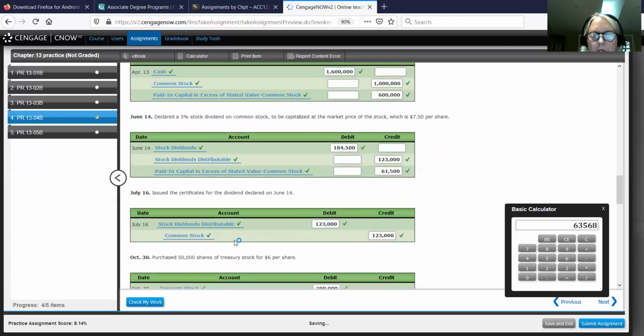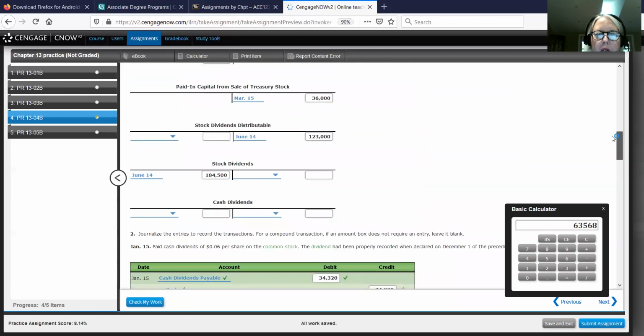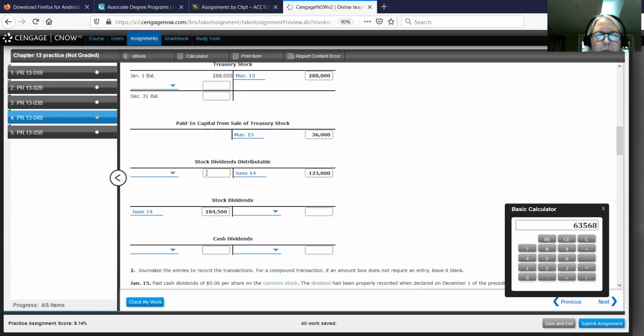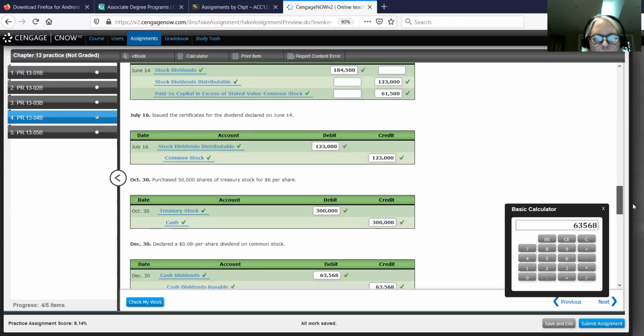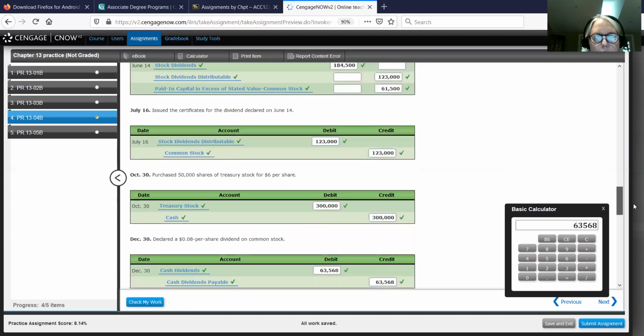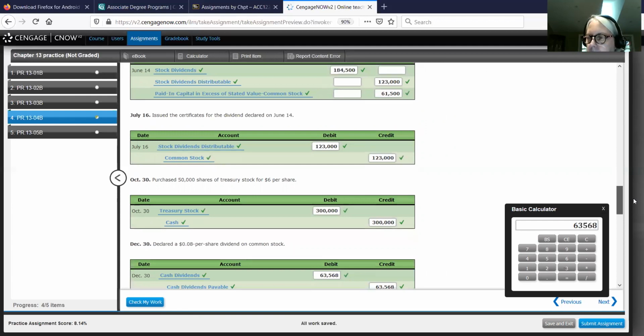Then I'm ready to do my July 16th transaction, which would be a debit to the common stock dividend distributable for $123,000. And again, that date was July the 16th.